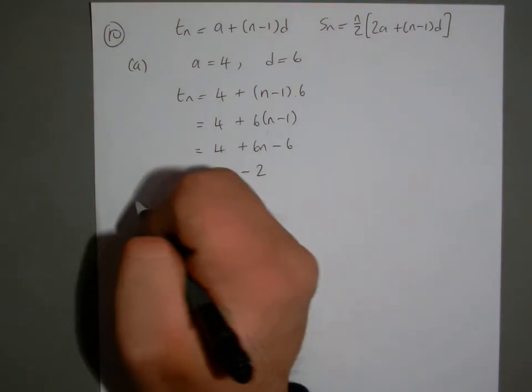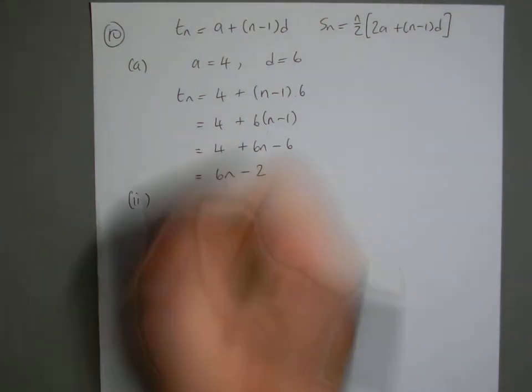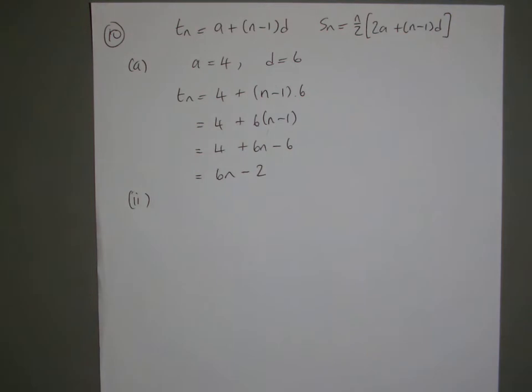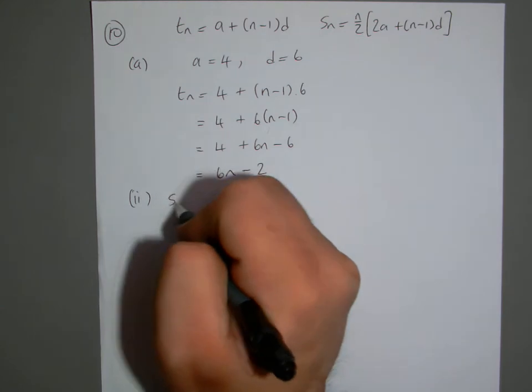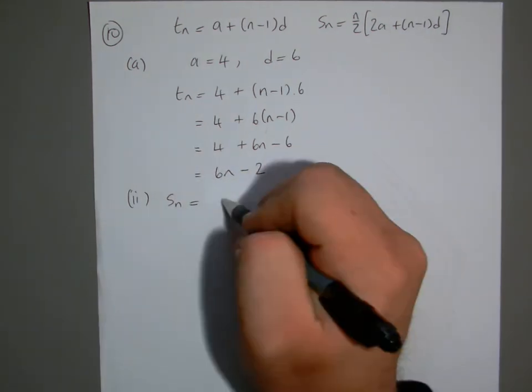In part 2 then, they are asking for the sum of the first n terms of the series. Without using the formula for the sum of the first n terms, prove that Sn is n(3n plus 1). So basically, we're going to write out Sn here, as they've given us.